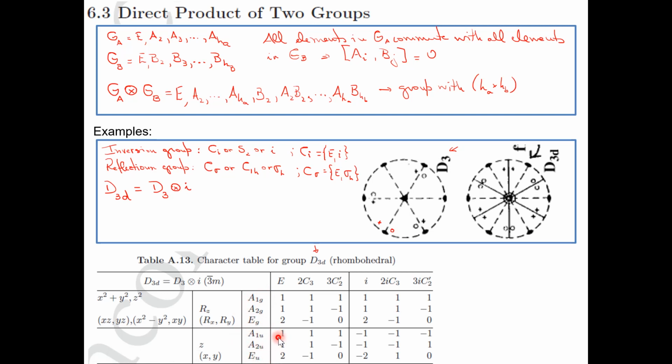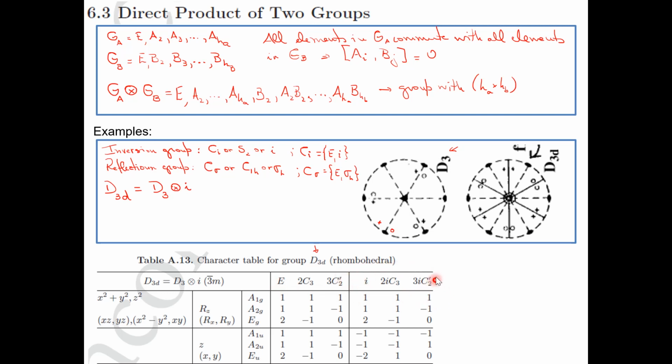And to get the characters of those, starting from the character of the D3 group, for the even representations, when you add the other symmetry operations, you repeat the characters, and for the other representations you multiply by a minus sign.